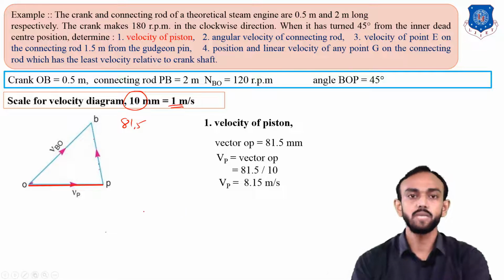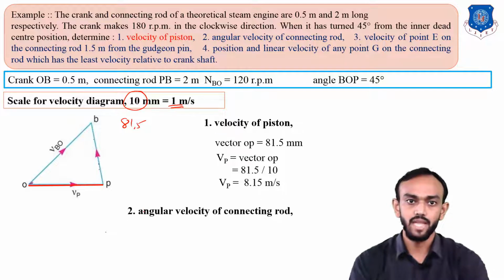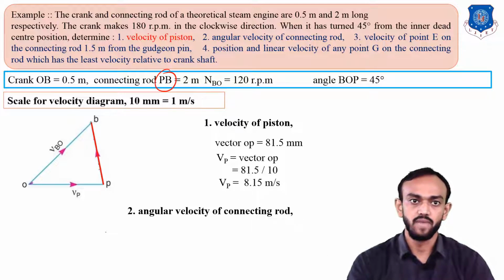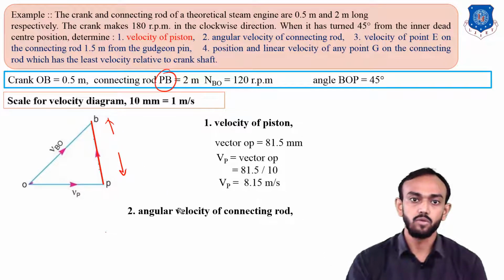Now second point, we have to find the angular velocity of the connecting rod. You know that the connecting rod is nothing but PB. Connecting rod is PB. So you can see here the PB vector. We will measure this vector using the scale, and whatever data we get, we have to convert that into velocity.